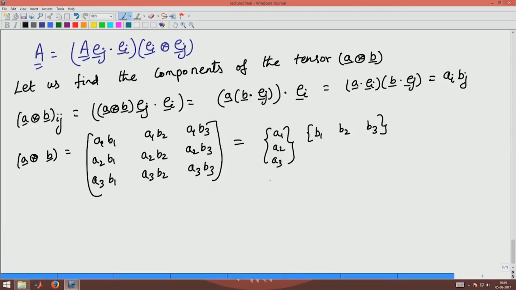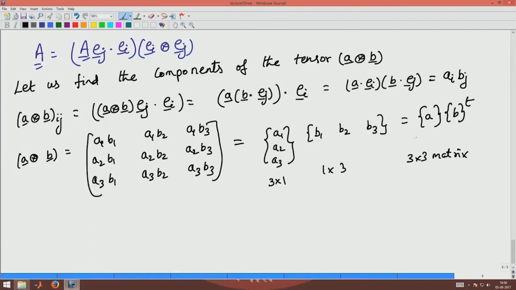That is, if this is a 3 by 1 vector, this is a 1 by 3 vector. So, the product is a 3 by 3 matrix. In other words, this is A vector times B transpose.